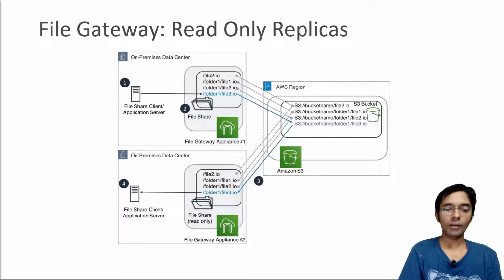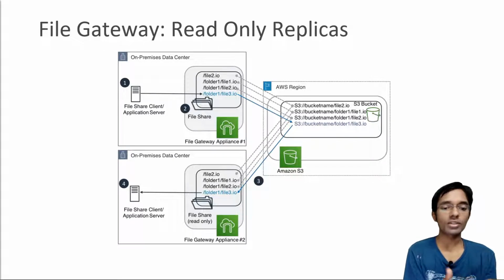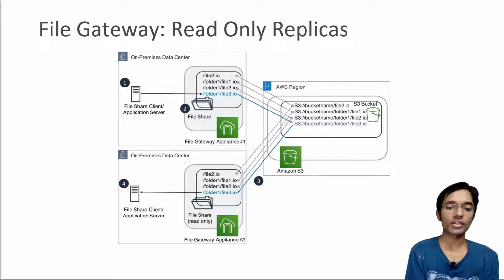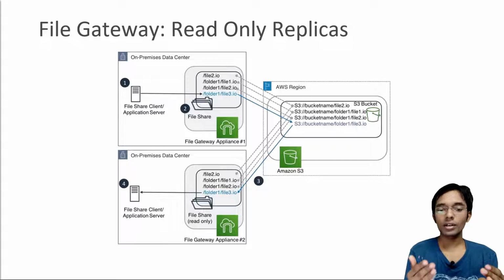we could have read-only replicas. So for example, you want to replicate a file system from one on-premise data center to another on-premise data center. In the first on-premise data center, you would create your file gateway appliance number 1, and your applications would write some files into it, and then they would appear in Amazon S3.